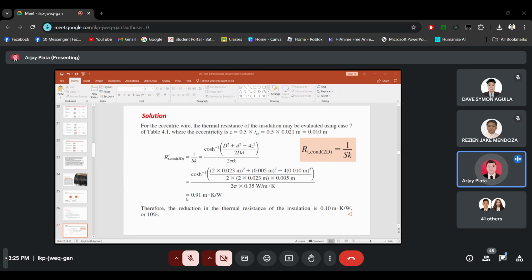Luckily you already have your formulas for case 1 to 15. So if it is required in the exam, you don't have to memorize it, you just have to look at the table.